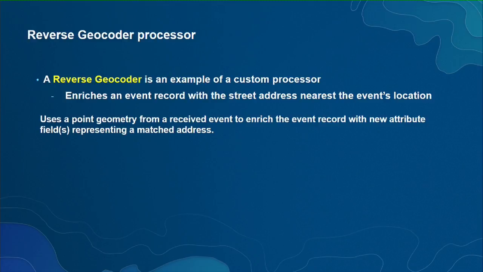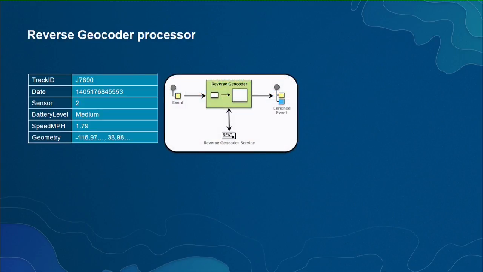This is a custom processor written with the Java SDK, and it uses the point geometry to return the nearest address. And it's configurable. You can set your own geoprocessing service, as well as the maximum distance you want to look to find an address. So the point comes in. It has no address with it, but it does have the geometry.